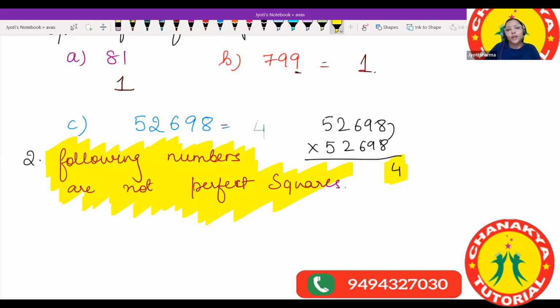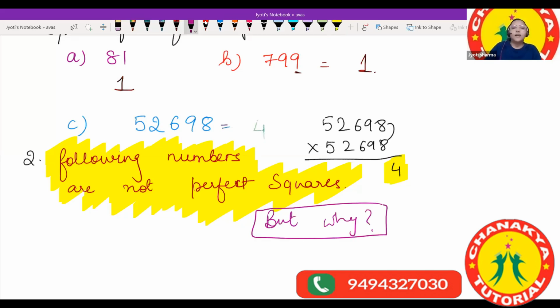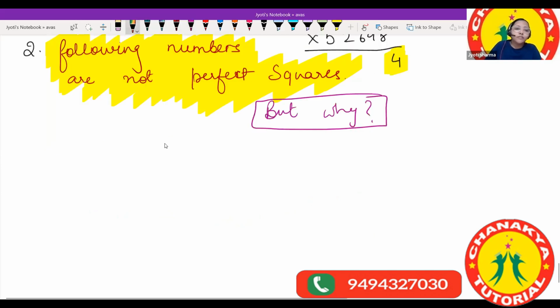I'm writing, but why? So you have to give the answer for this why. Now, next. First question, 1057. Why is this not a perfect square? Quickly write your answer in the chat box.